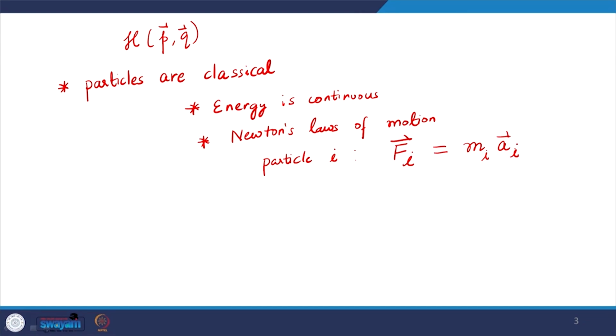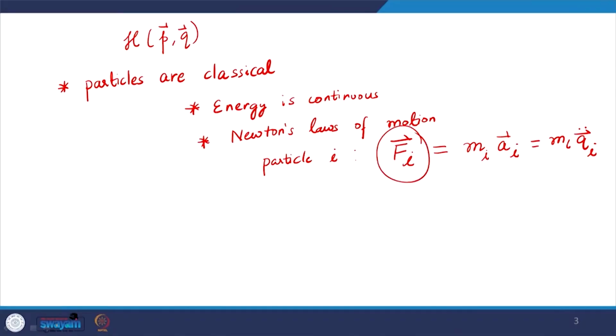In terms of our generalized coordinates or any coordinate, I can write this a_i as the second derivative of my q_i, right. So, we can find the positions. The first derivative is my velocity and the second derivative is my acceleration, right.